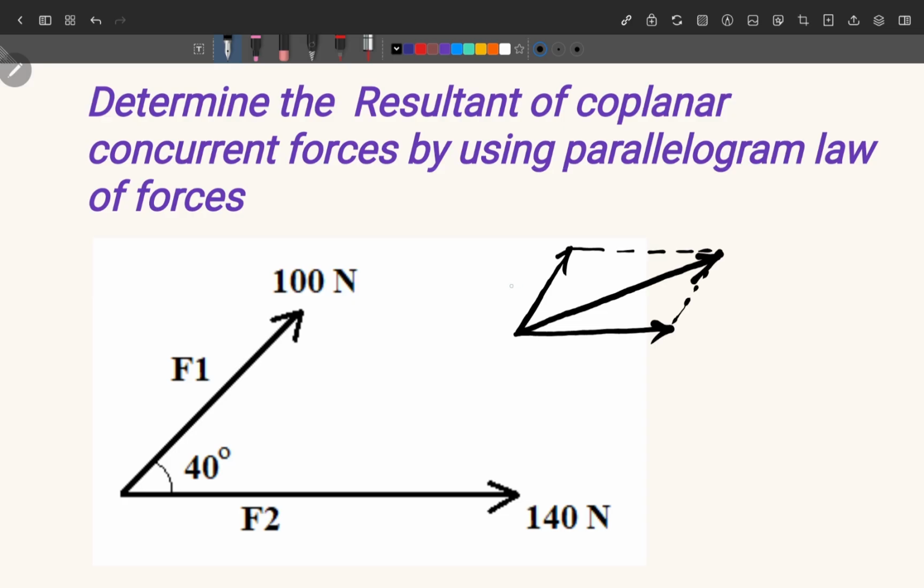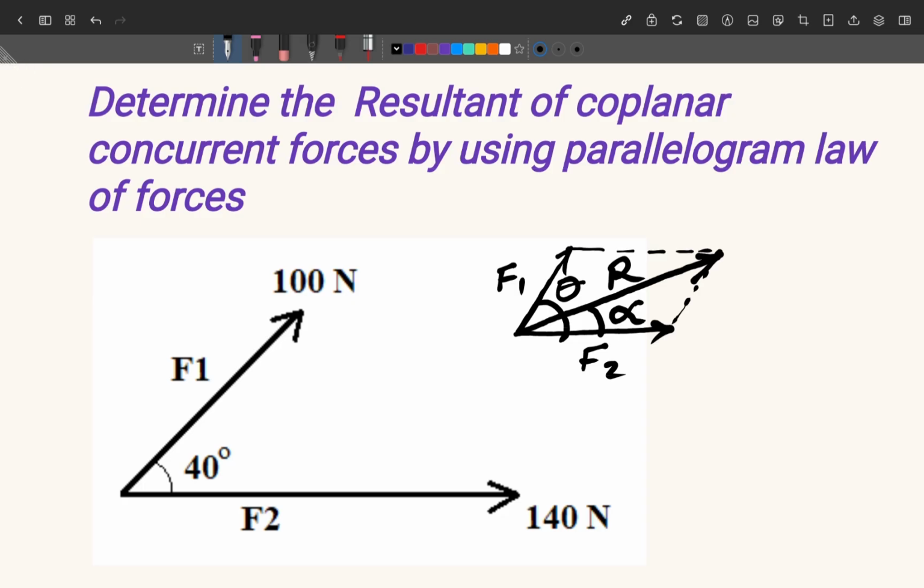So here, if we have this force F1 and this force F2, then this will be the resultant R. If the angle between these forces is theta, we can also calculate the angle of the resultant with respect to one of the forces.